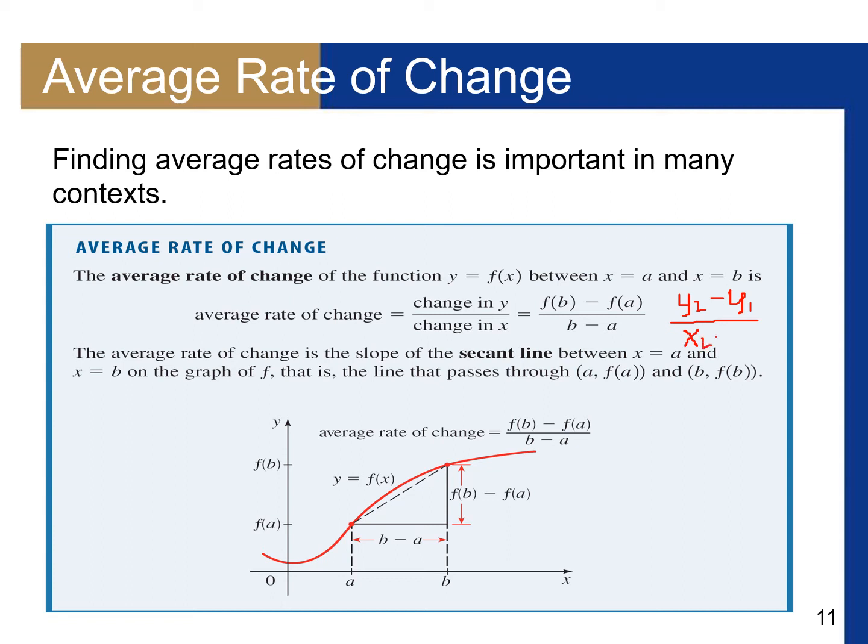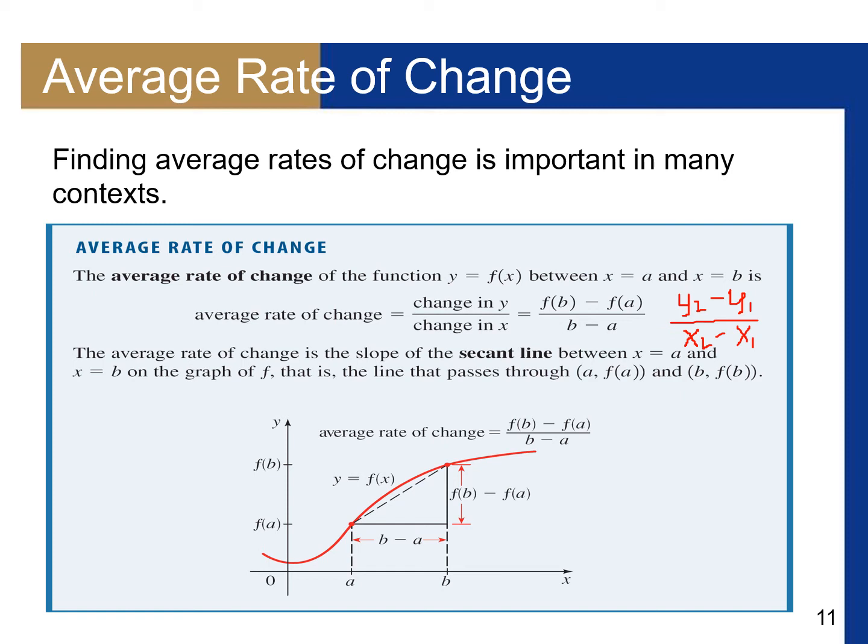You learned this back in Algebra 1 when you learned about slope. Same way you find the average rate of change. So the average rate of change is the slope of a secant line. Here you have your secant line between x and a, on the graph of f. That is the line that passes through this first point and this last point.